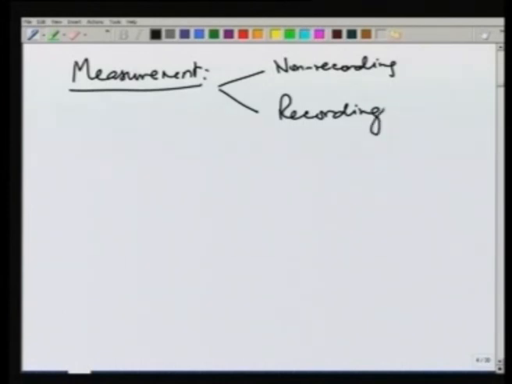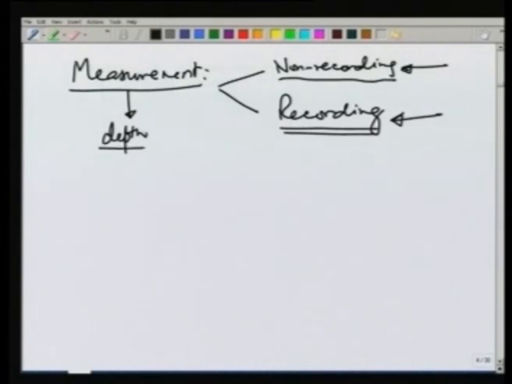Depending on whether they get the values continuously, for example, in recording, or at some particular fixed time, non-recording. So, they do not record continuously with time, and recording they maintain a continuous record with time about the depth of rainfall. We have already seen that measurement is typically done in terms of depth and generally in millimeters.